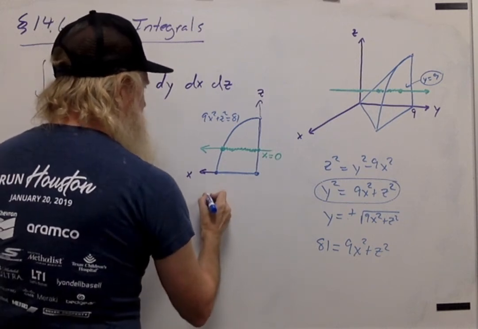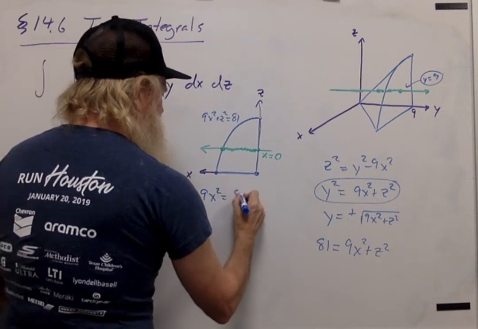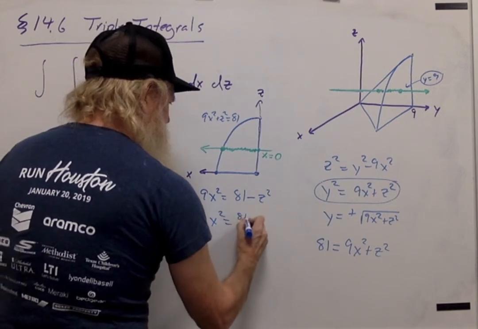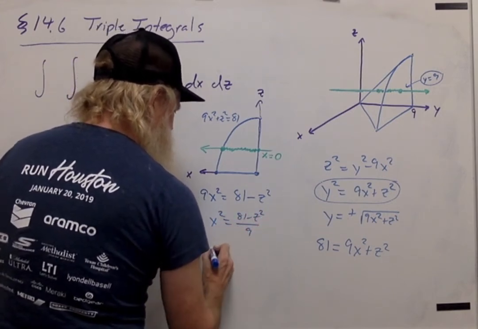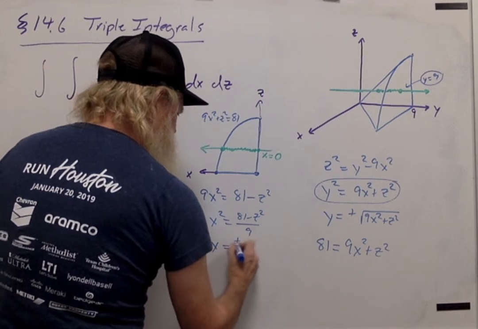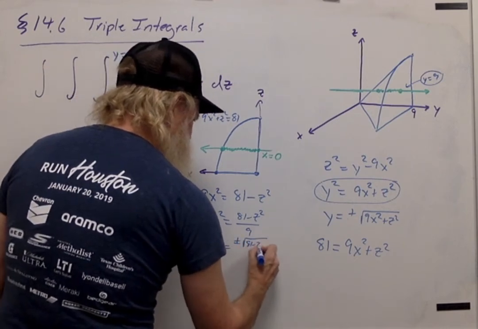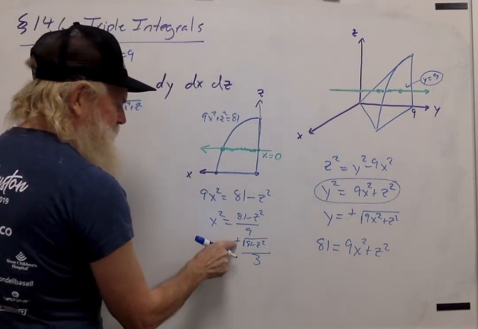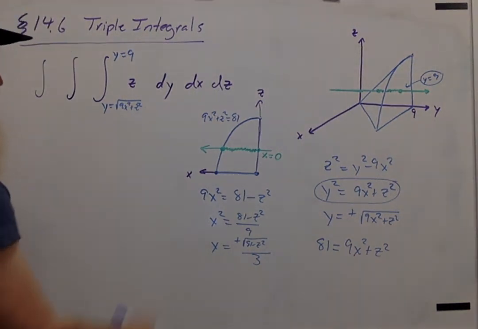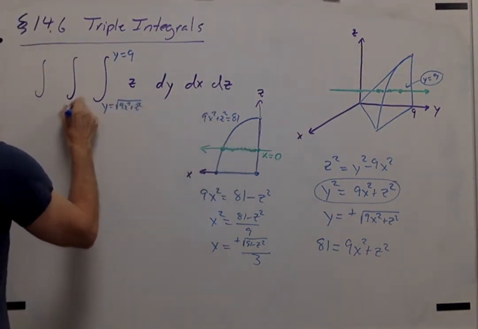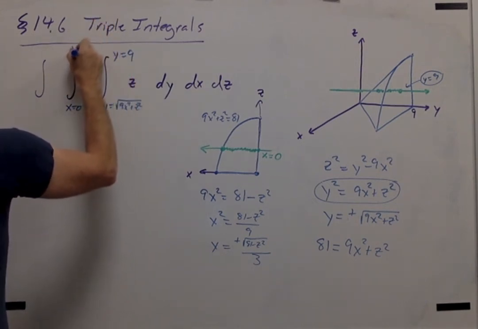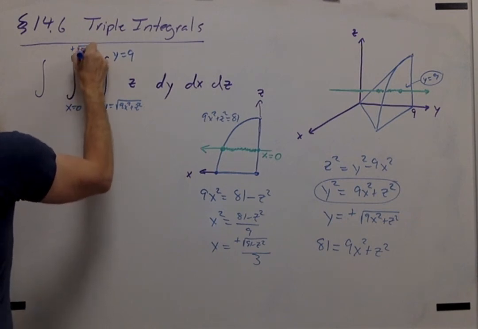We'll have 9x squared equals 81 minus z squared. So x squared is (81 minus z squared) over 9. And taking square roots, x is plus or minus the square root of 81 minus z squared, over 3. X is positive, so it's the positive square root that I need. So for my x's, I'm going from x equals 0 to x equals positive the square root of 81 minus z squared, over 3.